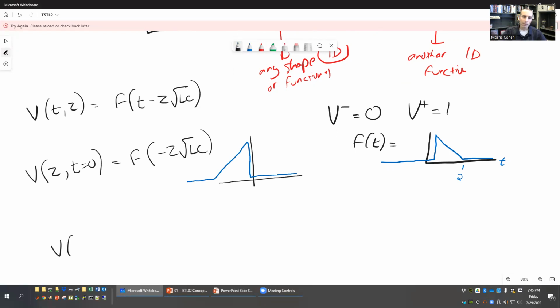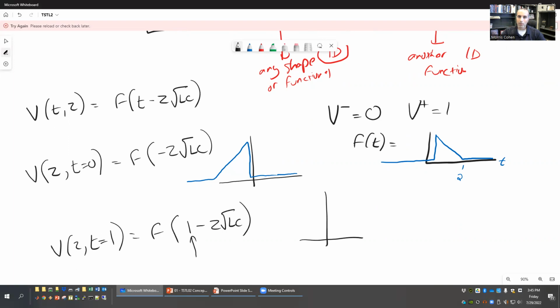At v of z and t equals 1, this will be f of 1 minus z times square root of LC. All right, so this function is going to be the same, except it's translated by 1 unit, in this case to the left. So this represents t equals 0.